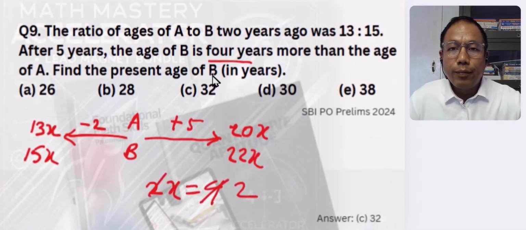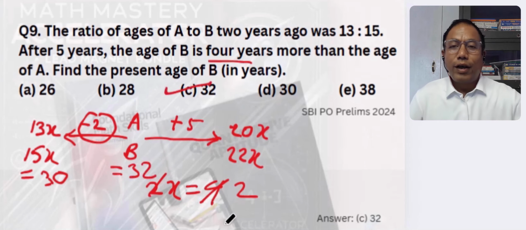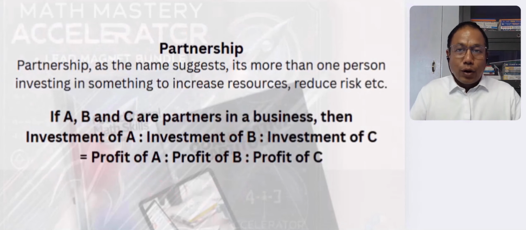Find the present age of B. I'll find 15x first. 15 into 2 is 30. 30 plus 2 is the present age of B, 32. The final answer is option C. Can you understand? Let's work on partnership.